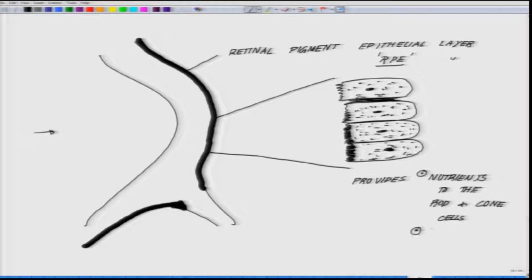Second, it prevents or supports prevention of photo damage of the rod and cone cells. The rod and cone cells suffer from a lot of photic damage.